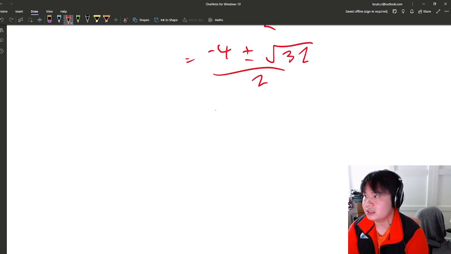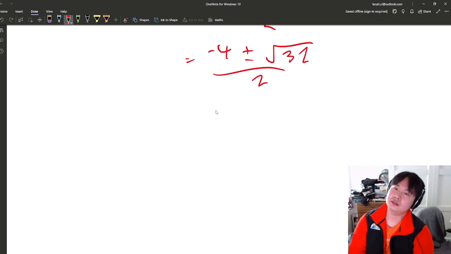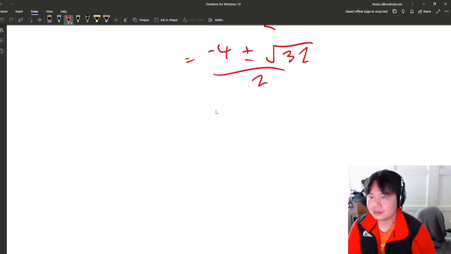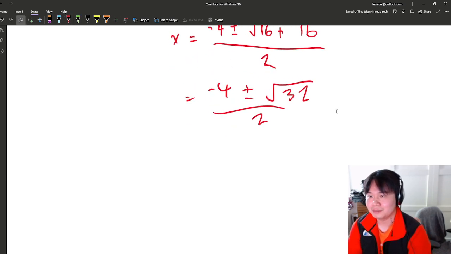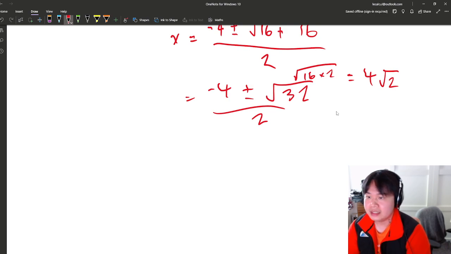Let's see, simplify the root of 32. The root of 32 is 16 times 2, okay. The root of 16 is 4, so this is 4 root 2, and then we can divide our terms by 2.